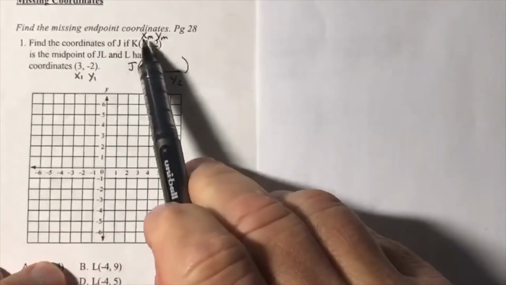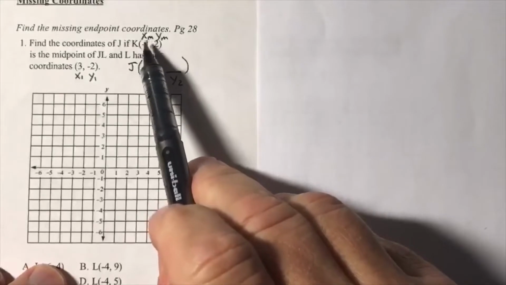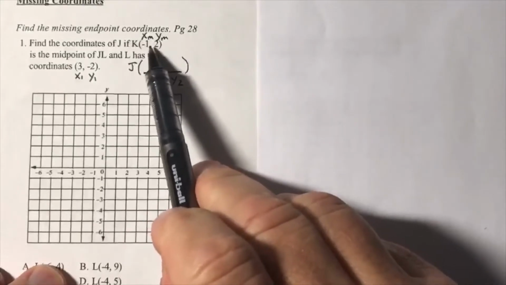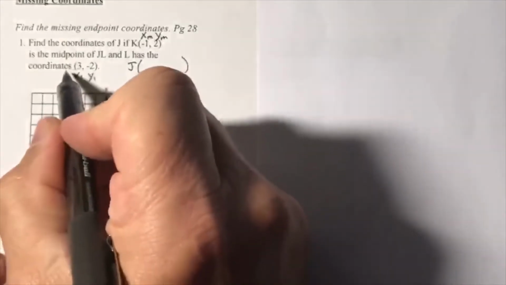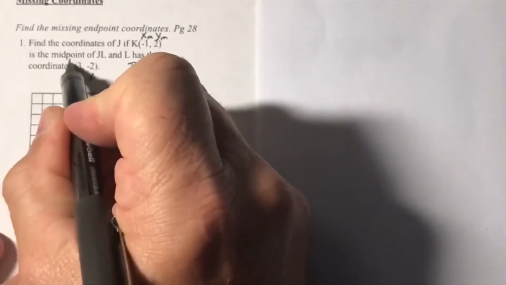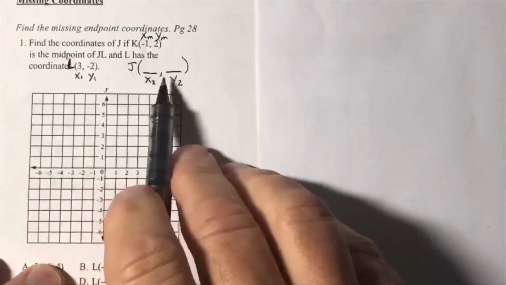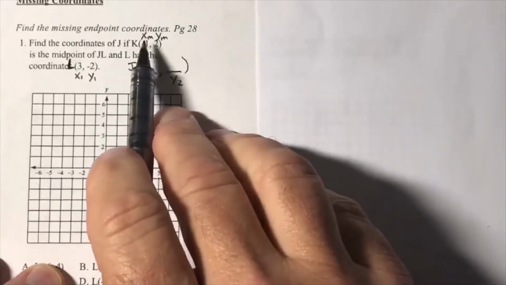Go ahead and label XM, that's the midpoint. So keep this organized. This is representing the midpoint. This is the L, okay? We know L's coordinates, and we have to find J's coordinates, and we're given the midpoint.